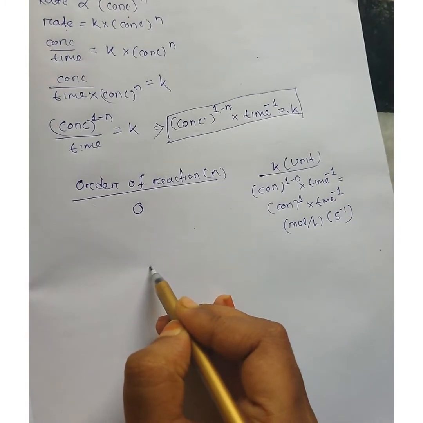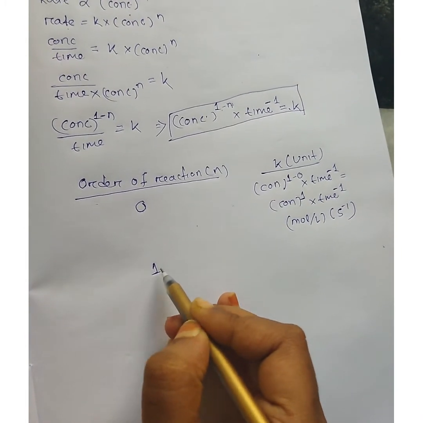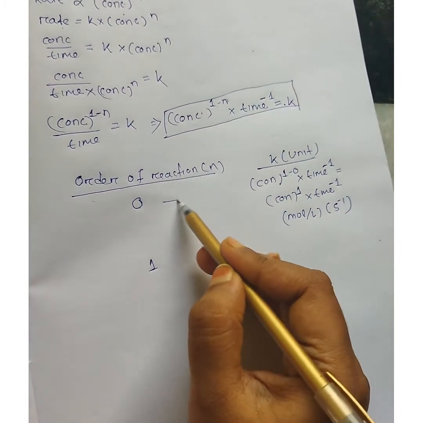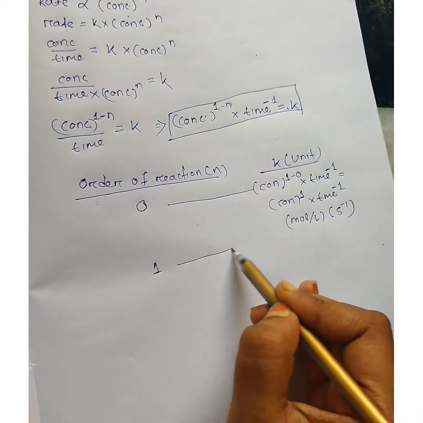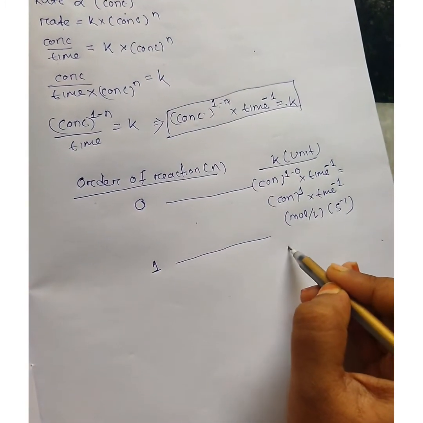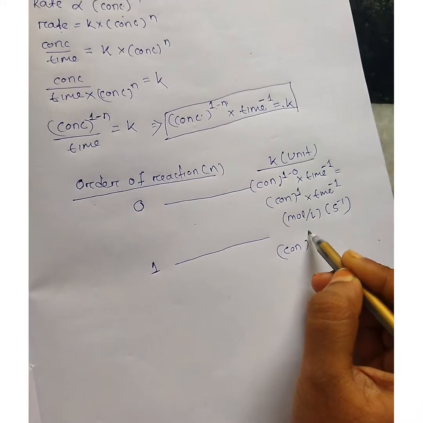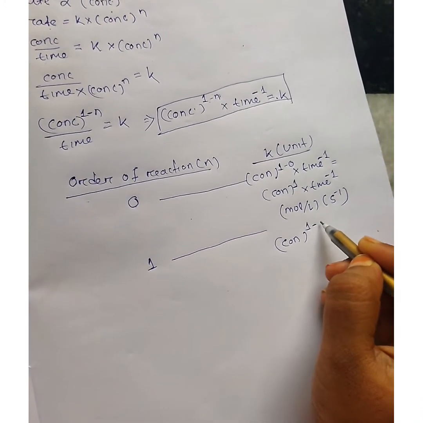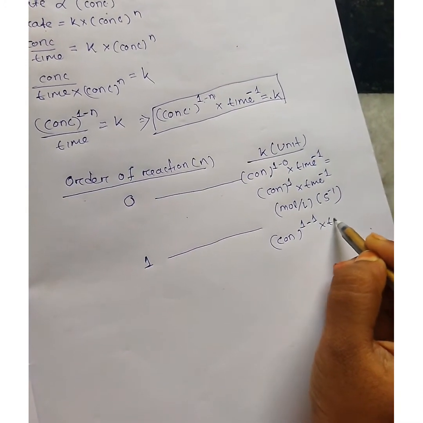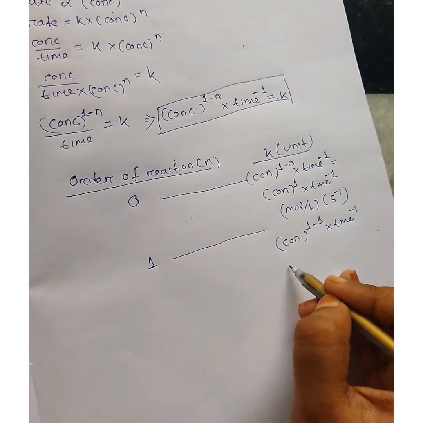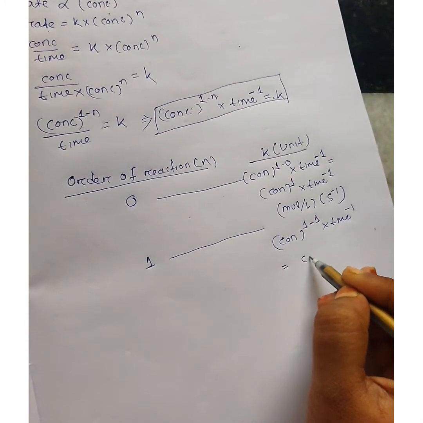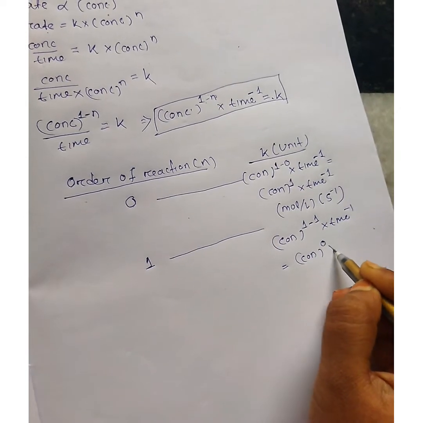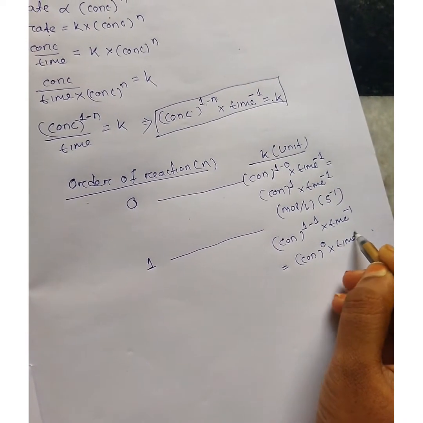If the order of the reaction is 1, that is first order reaction, then what is the rate constant unit? That is concentration to the power 1 minus 1 into time inverse. That is concentration to the power 0 into time inverse.